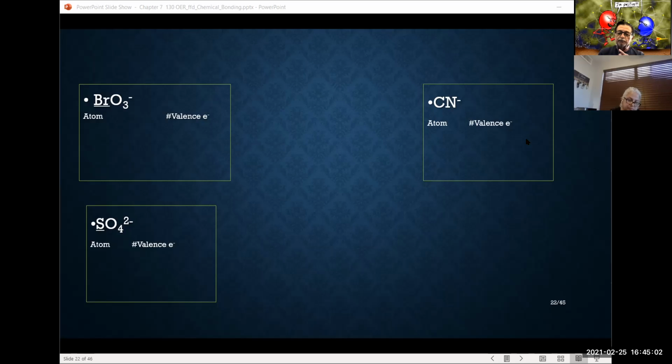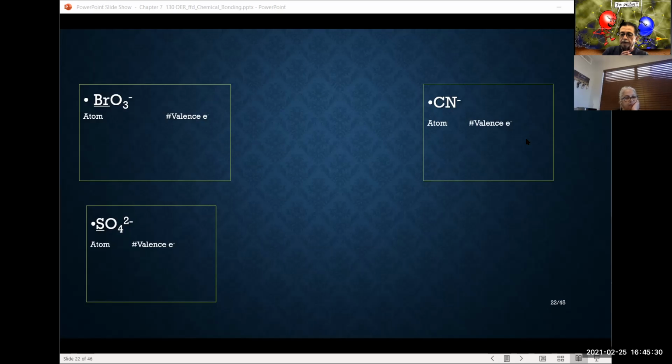You normally think of bromide by itself, but bromine has the ability, when it combines with oxygens, to form this particular polyatomic ion, a bromate, but the name's not important right now. Bromine is the central atom, and we have 3 oxygens around it. And the overall charge of that is a -1, okay?